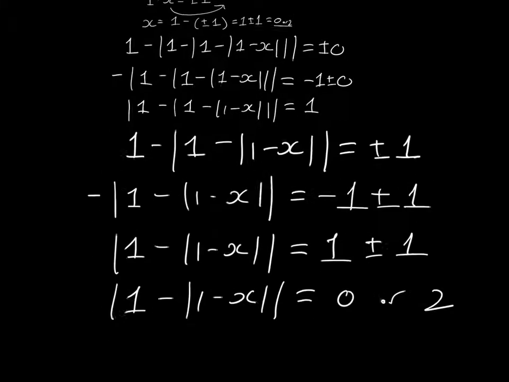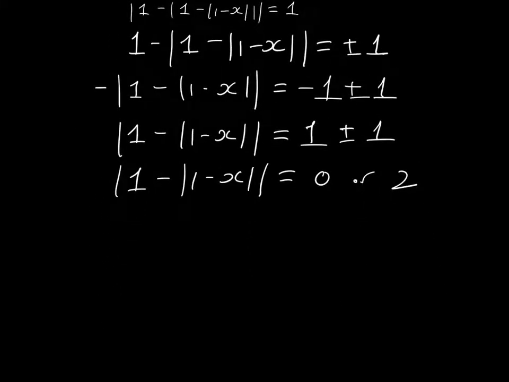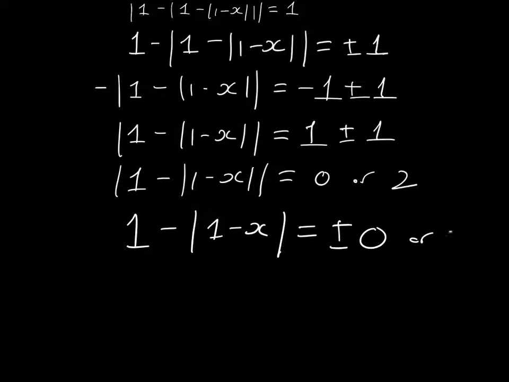Okay, so now that we know that so far, we can keep peeling it off. Plus or minus 2. So we just put a plus or minus on all of the solutions that we already have. And then we keep going.